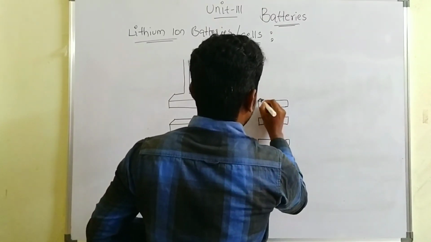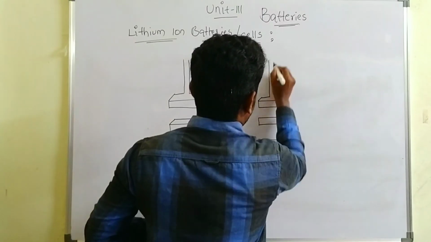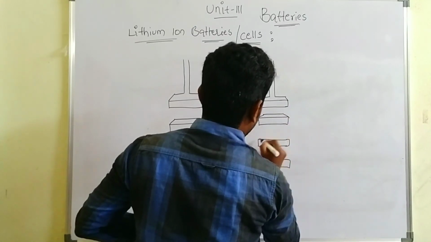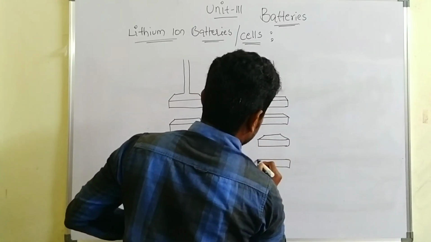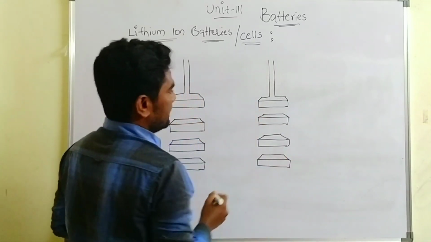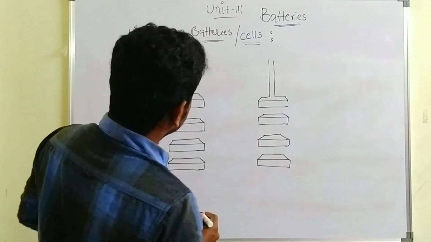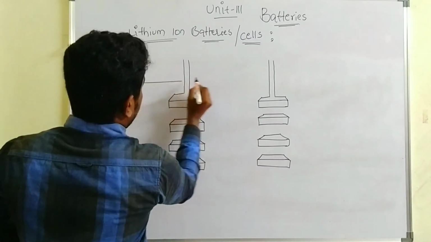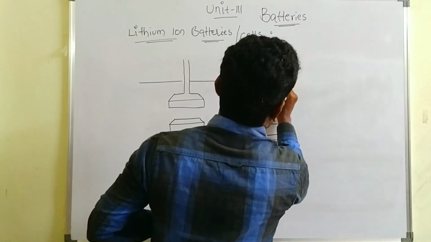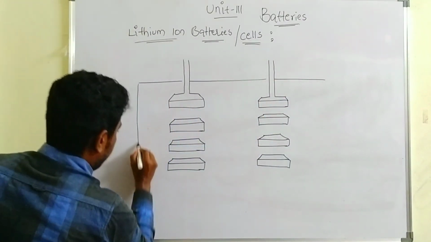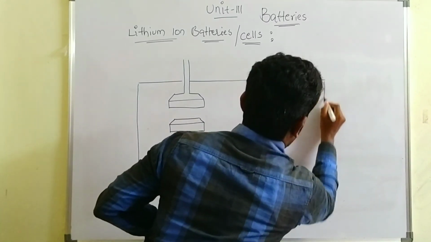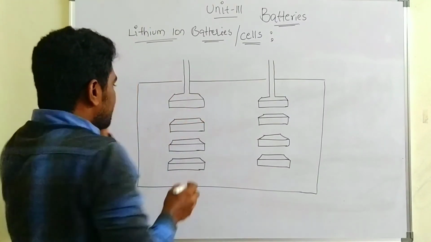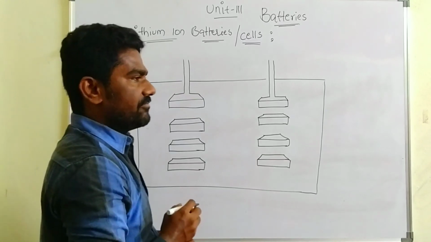These are the layer structures, packed here. On the left side we have the lithium intercalated graphite anode.